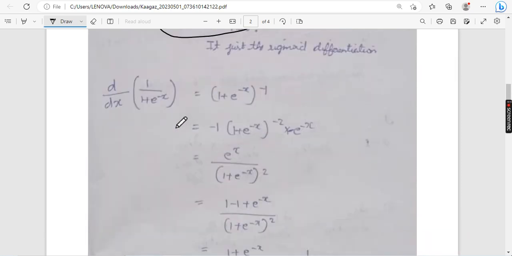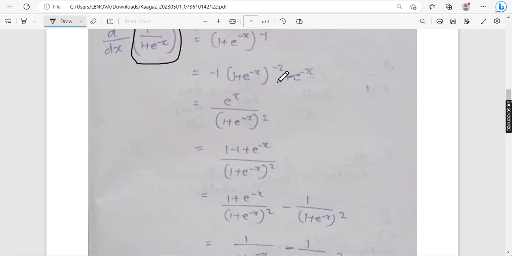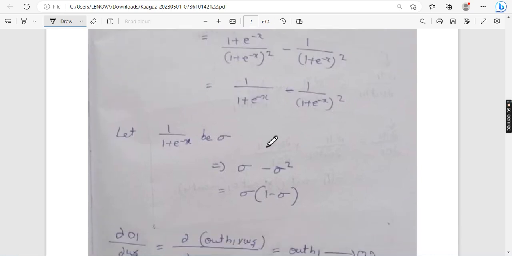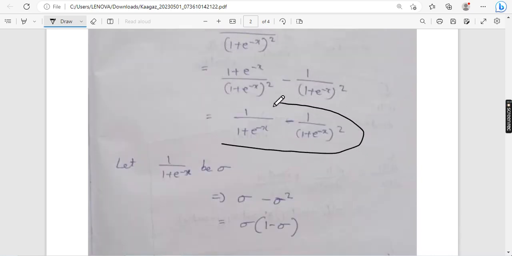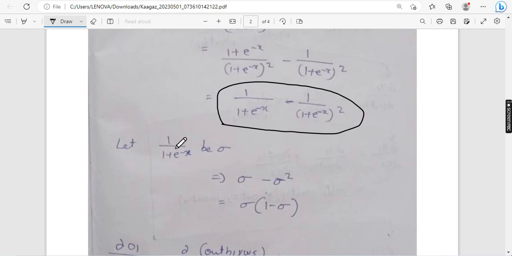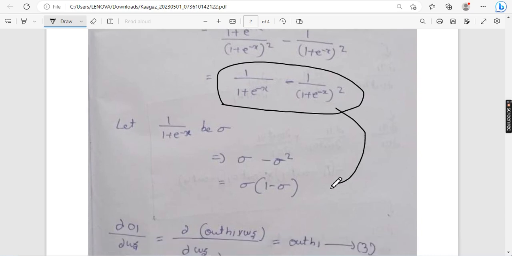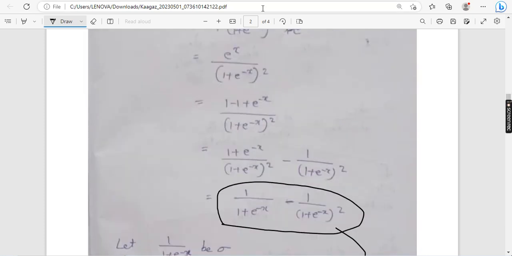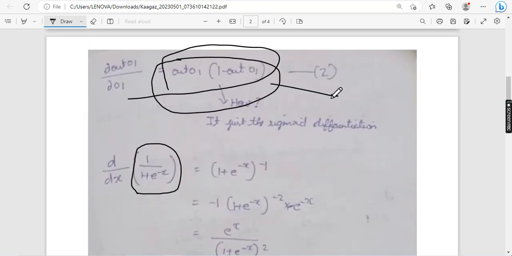This is the sigmoid function. Differentiating the sigmoid function, you will get this as the answer, right? These are some simple simplification steps. At the end, you will get this as the answer. Now I have considered this 1 plus e power minus x as sigma. In turn, I can write this equation like this, right? This is actually equivalent to this. I hope this makes sense, right? It's as simple as that.